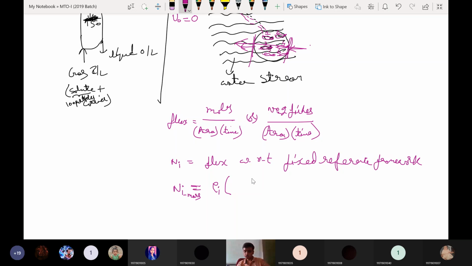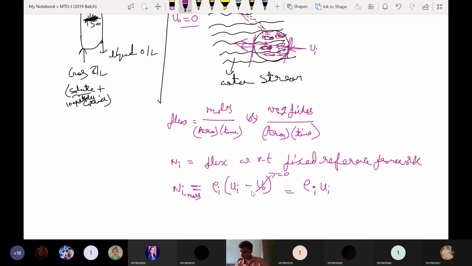So this is Ui, the fish velocity, Ui or small u minus u naught. Okay, this is your boat velocity. We know that at a fixed reference framework, your boat will have zero velocity, so we can cancel out this one. We can write Ni mass is equal to rho i into Ui.